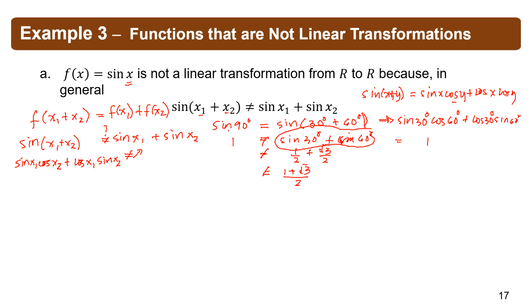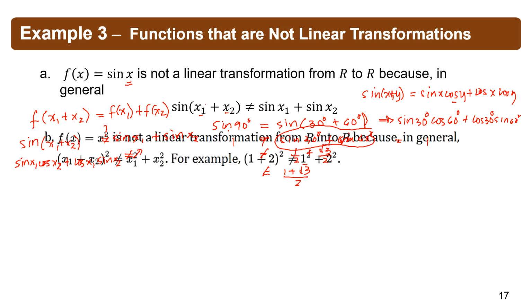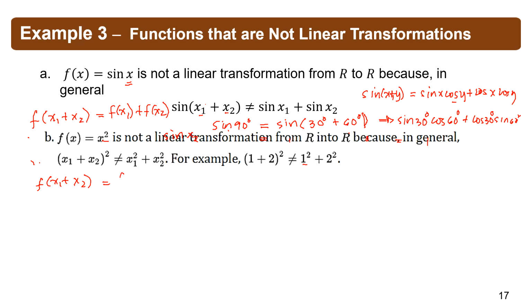Let us have another one. F of x equals x squared is again not a linear transformation. Why? Again, we have to show that f of x sub 1 plus x sub 2 must be the same as f of x sub 1 plus f of x sub 2.